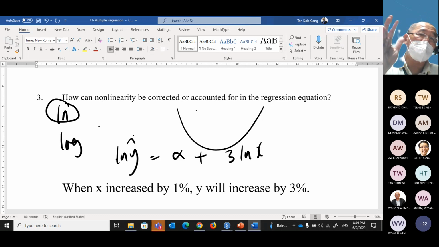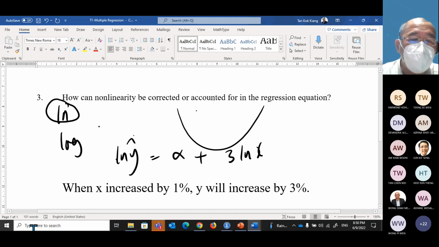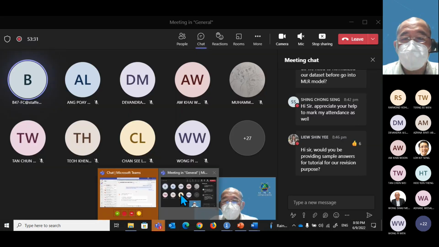But now it's a double log, so we use this method: x increased by 1%, y increased by 3%. This is the first method to handle the non-linearity.